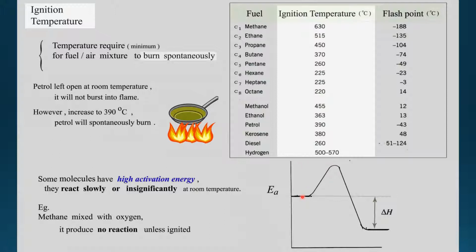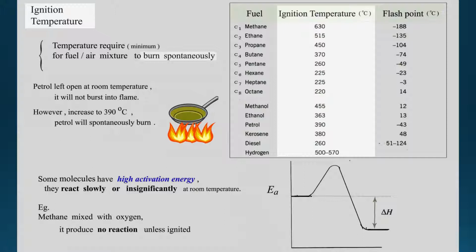If you add heat up to 390 degrees, yes, it will happen. But you need 390 for petrol. So how are we going to make the petrol burn, if the petrol is so stable it doesn't burn?